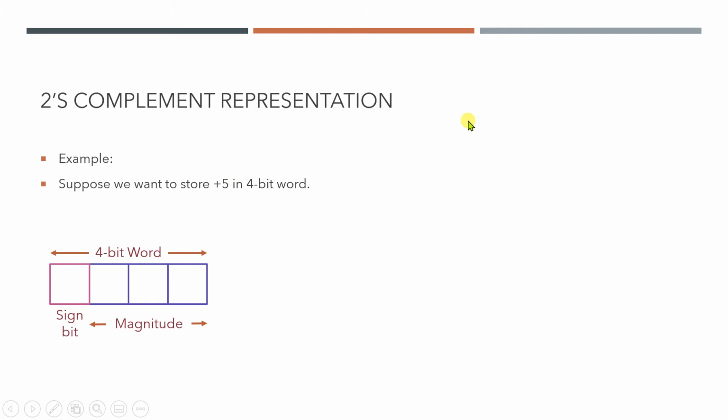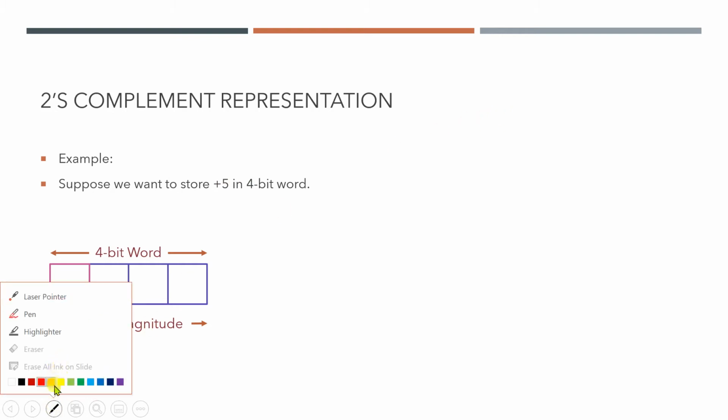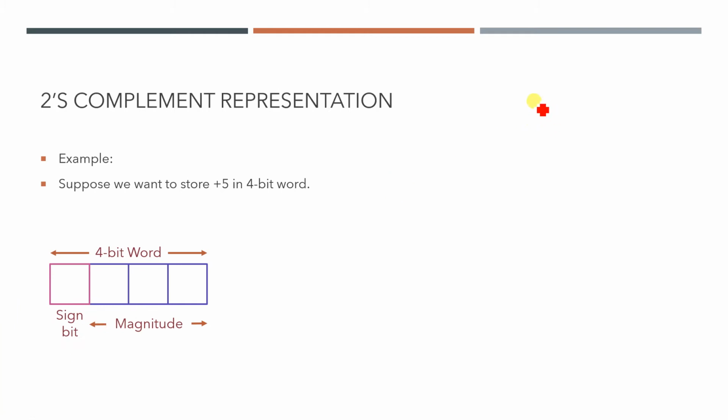Then you convert the binary equivalent of this 5. The binary equivalent of plus 5 will be 101. So you have to represent this value over here, 101. As it is a positive number, you have to put 0 over here.